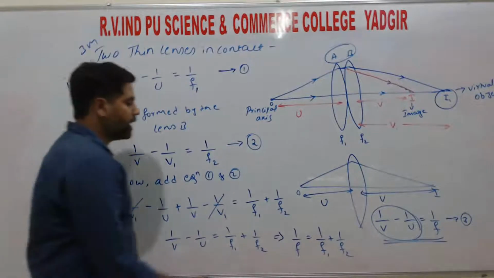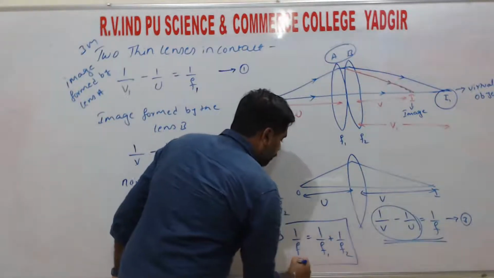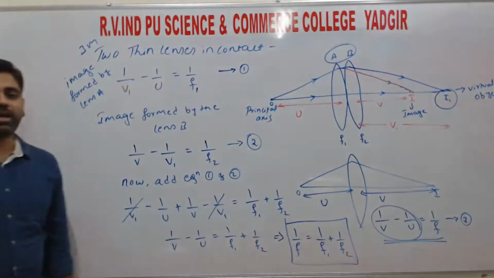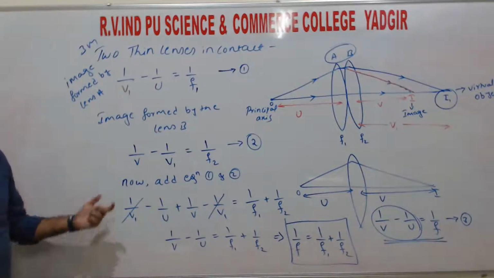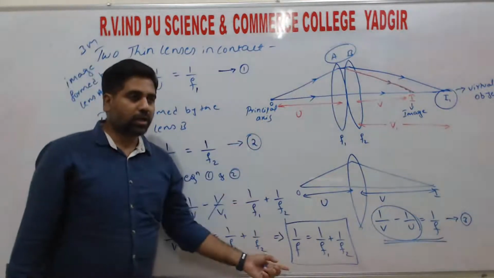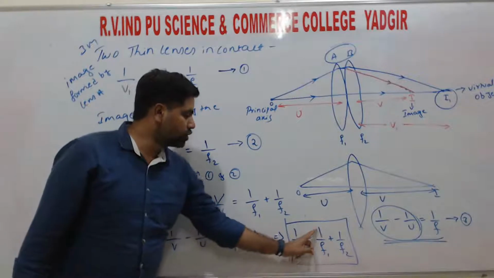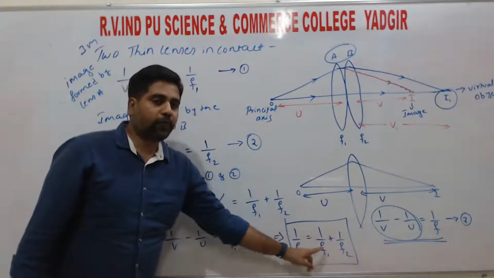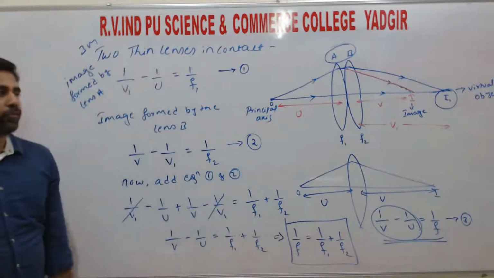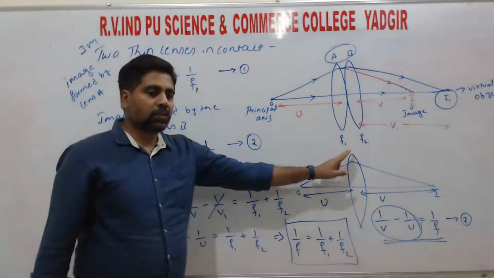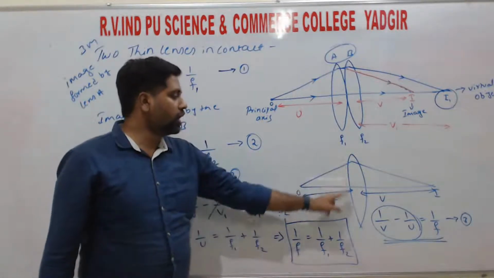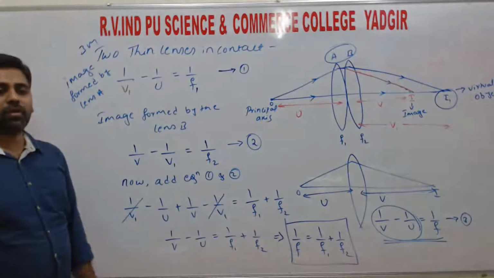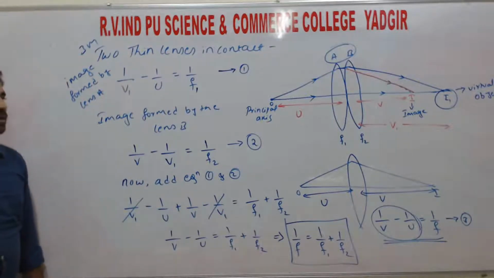This is the final equation for two thin lenses which are in contact: 1/F equals 1/F1 plus 1/F2. F1 and F2 are the focal lengths of the two lenses, and F is the focal length of the equivalent combination of those two lenses.